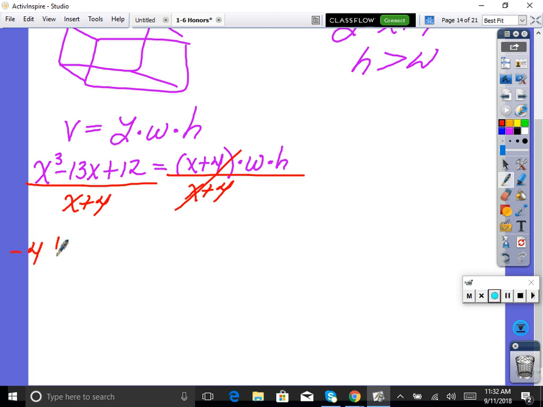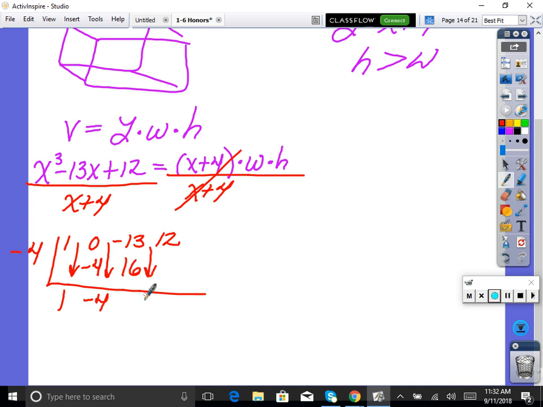Okay, let's do synthetic division, not forgetting to put in a 0 for x squared. 1, 0, negative 13, 12. Add straight down, multiply up. Now guys, your remainder should come out to be 0. They told us that we know for a fact this was the length.